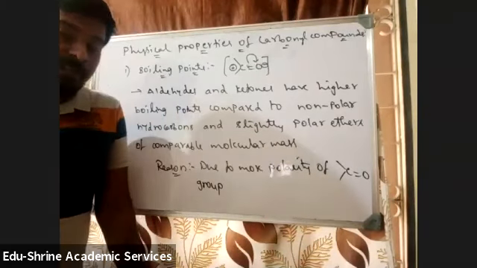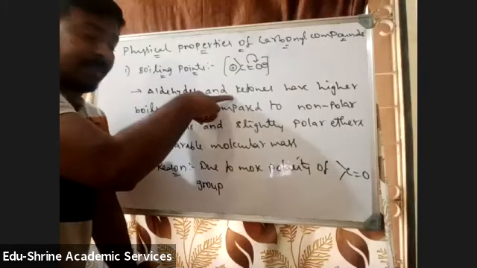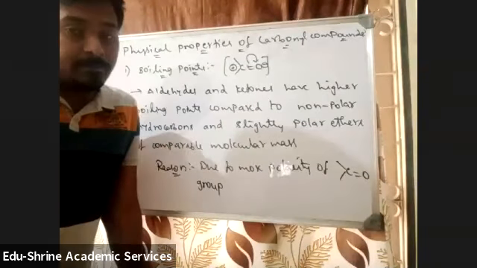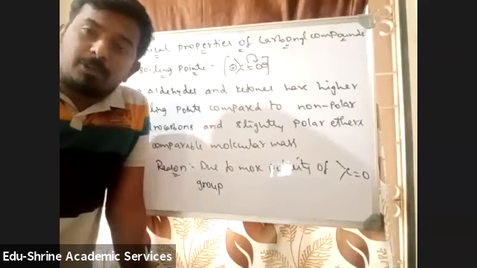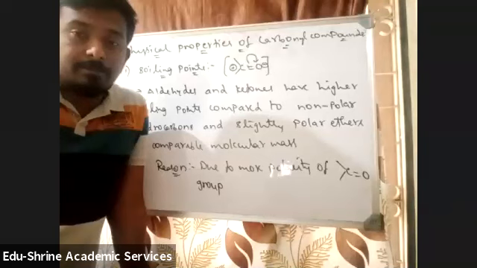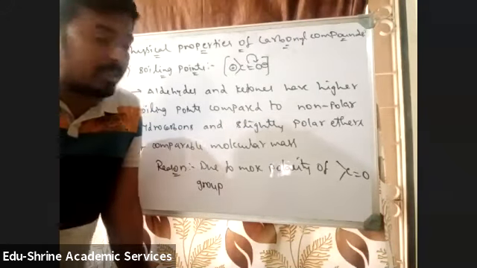Now think and tell me, students, if I want to compare the polarity of aldehydes and ketones, which do you think will be more polar? Aldehydes or ketones? Polarity we can measure from dipole moment, right? So tell me, among aldehydes and ketones, which has more dipole moment? Write down the structure of aldehydes and ketones and just check.